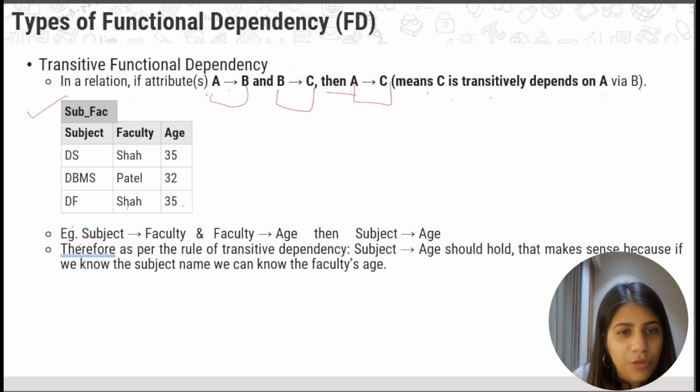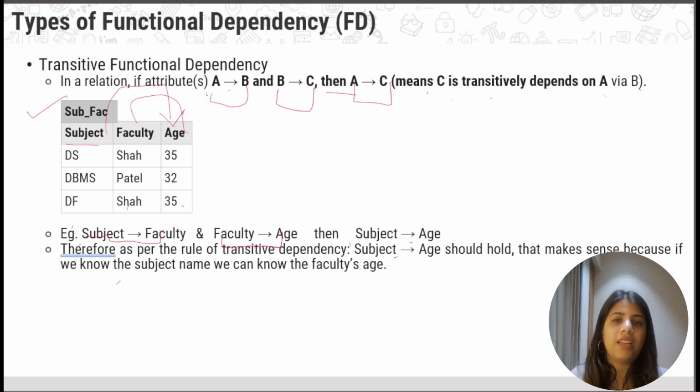So example, subject determines the faculty and faculty determines the age. Then we can also say that directly subject can also determine the age. Therefore, as per the rule of transitive dependency, subject determines age should hold. That makes sense because if we know the subject name, we can know the faculty's age also.